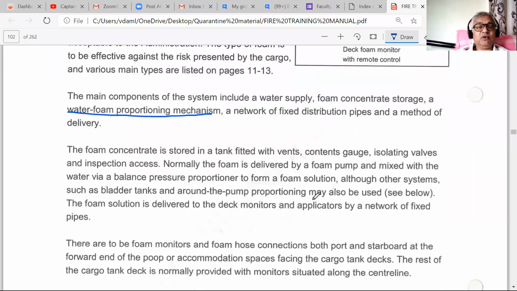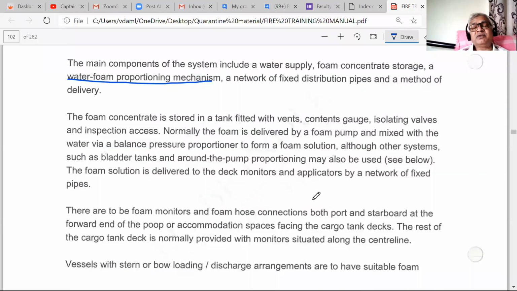Now, the foam concentrate is stored in a tank with vents. Vents, why? Because it's a liquid. Any liquid you store on ship will need certain ventilation for many reasons. One is ship is rolling, pitching, it is moving. So you don't want to create unnecessary pressures. So that is one. Also, once it is a tank, it is going to be a metallic tank, so you can't see what is inside.